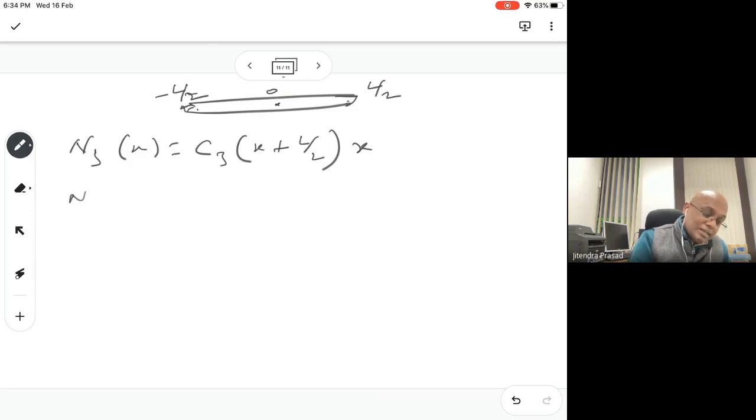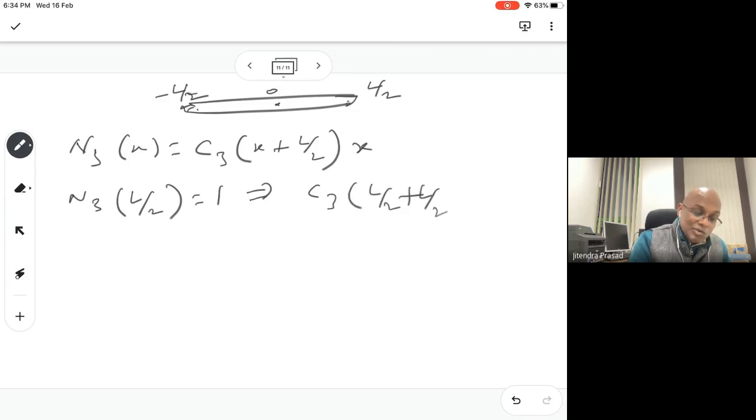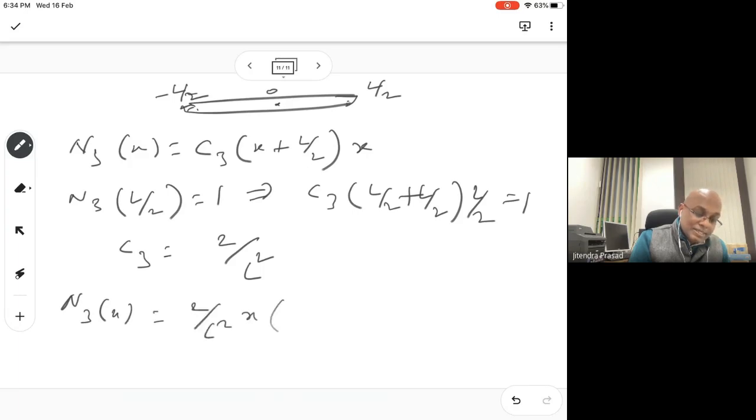And N3 at L over 2 has to equal 1, and that tells us C3 times L over 2 plus L over 2, multiplied by L over 2, is equal to 1, and C3 is equal to 2 over L square. And hence N3(x) equals 2 over L square times x times x plus L over 2.